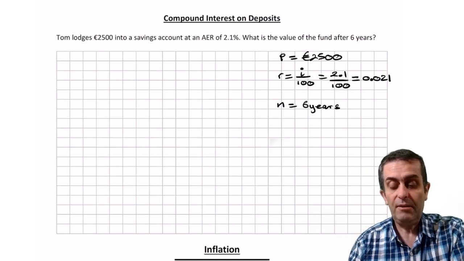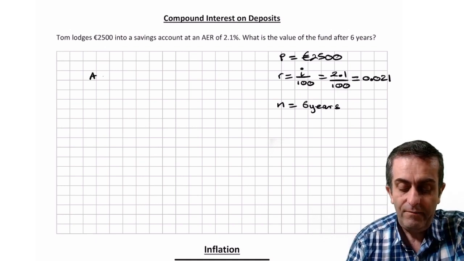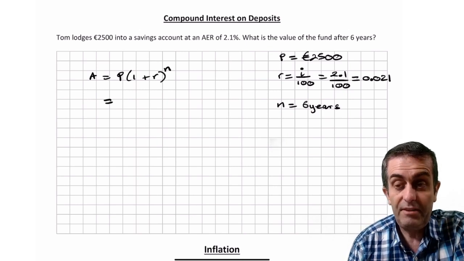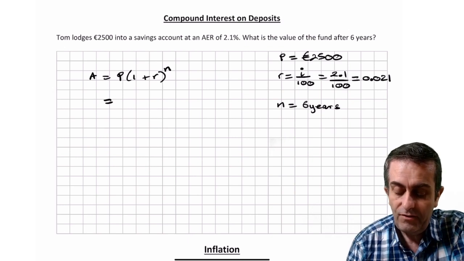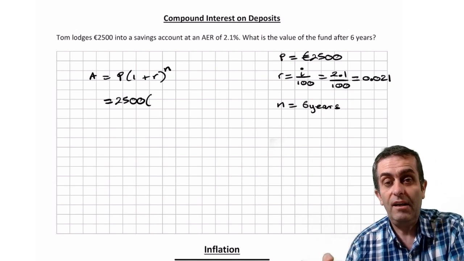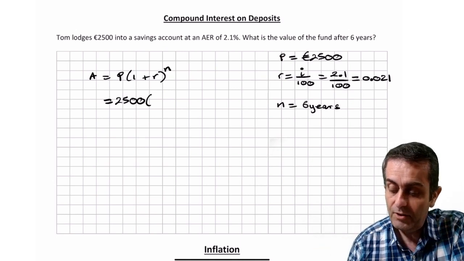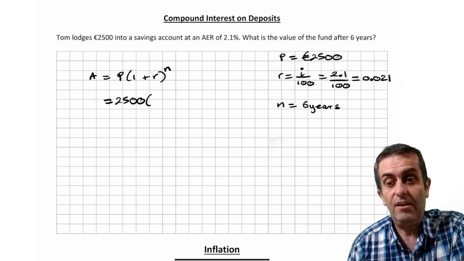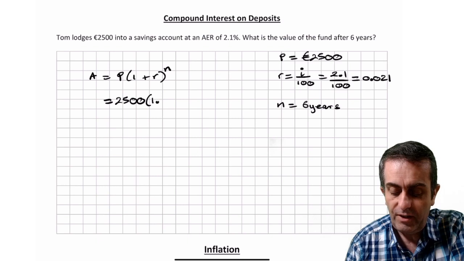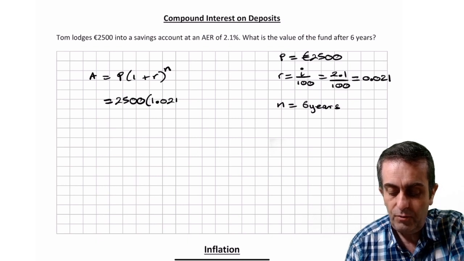Now, the formula that we use is A equals P multiplied by 1 plus R to the power of N, that formula from the previous screen. So that's €2,500, the present value. That's the value of the money on the day that Tom made the lodgement, multiplied by 1 plus R. Now, R is 0.021, so 1 plus R is 1.021.